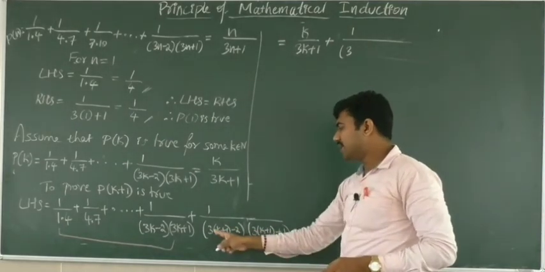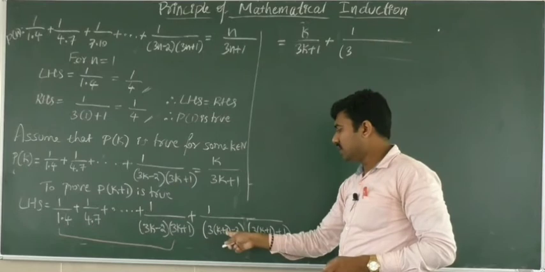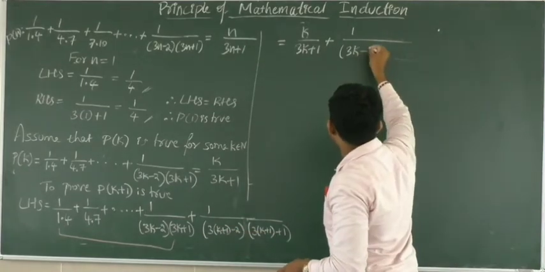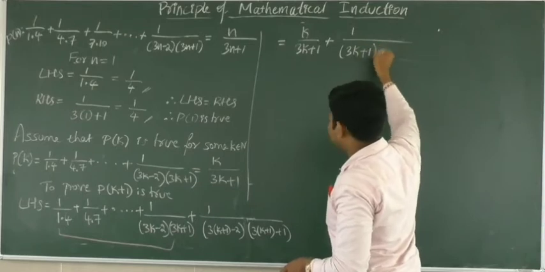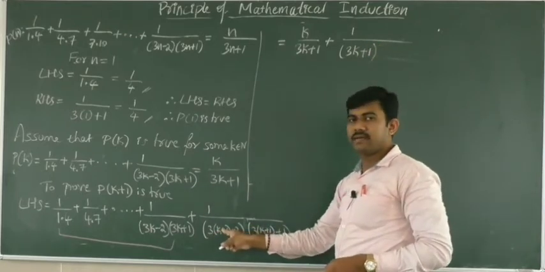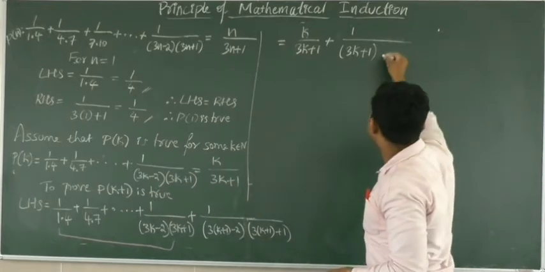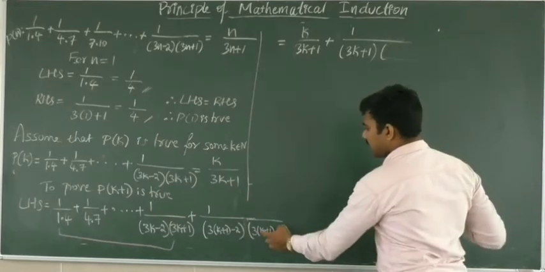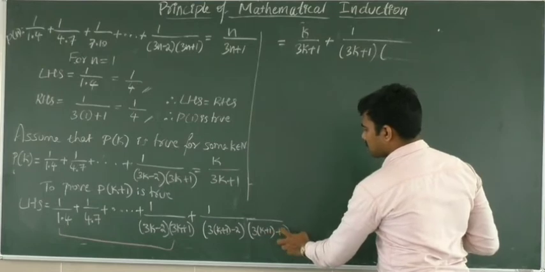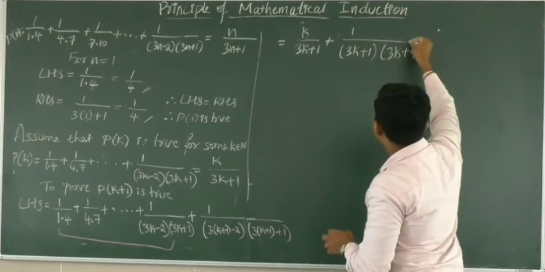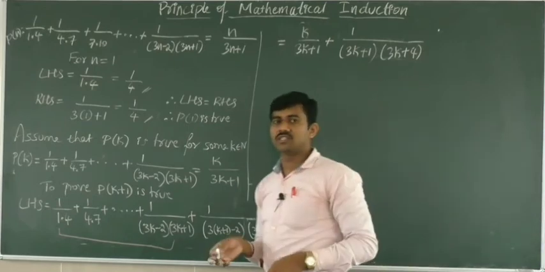That is 3 into k, 3k, 3 into 1, 3, minus 2. 3 minus 2 is 1. So 3k plus 1. Similarly, for the other factor, 3 into k, 3k, 3 into 1, 3, plus 1. 3 plus 1 is 4. So 3k plus 4 you got.